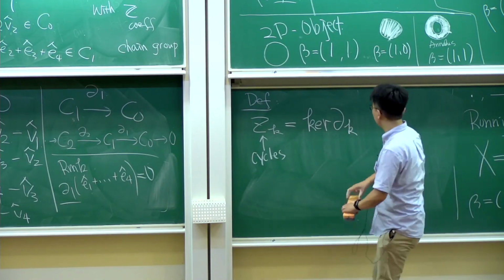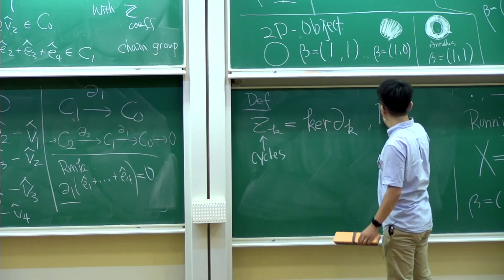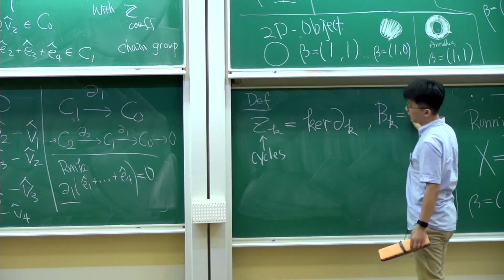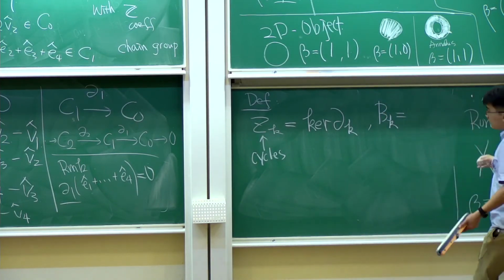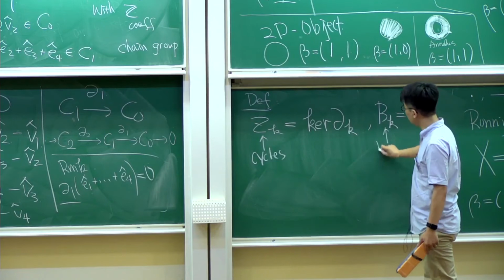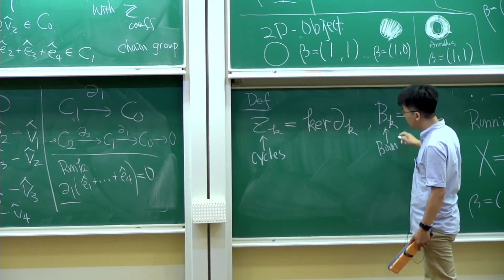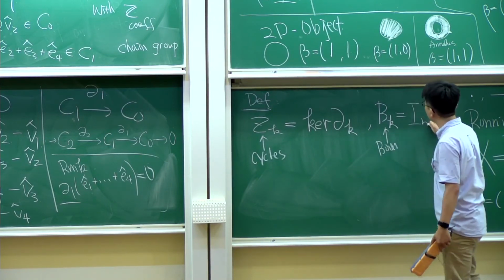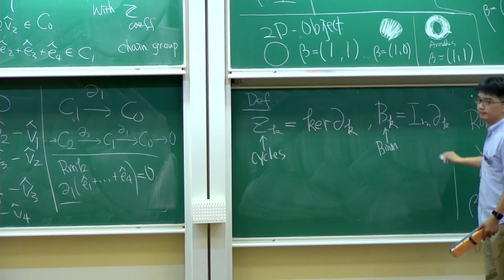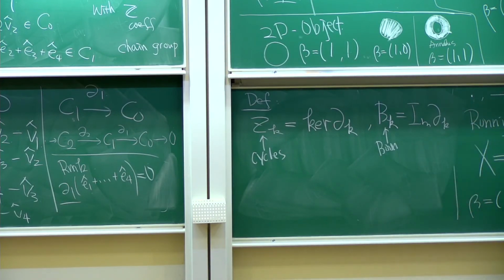Okay. And then there's another thing called the boundary. Boundary is very intuitive. This is going to be the image of the boundary map. This map is called the boundary map, and therefore the image of this map is called the boundary.